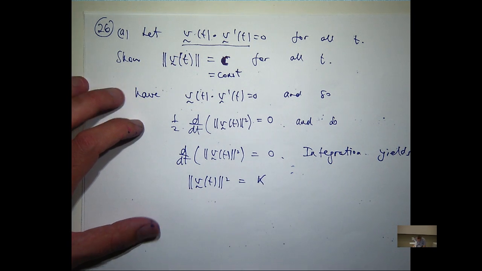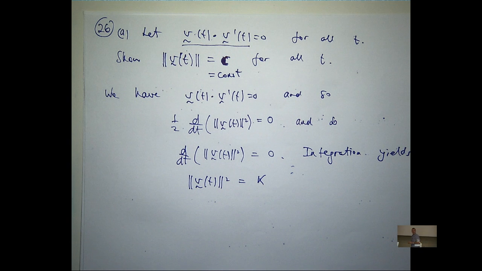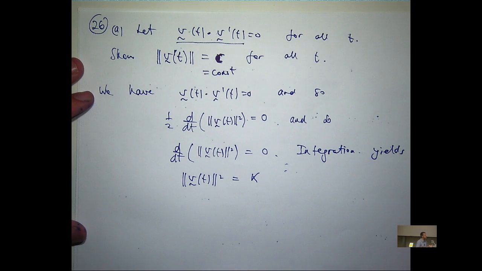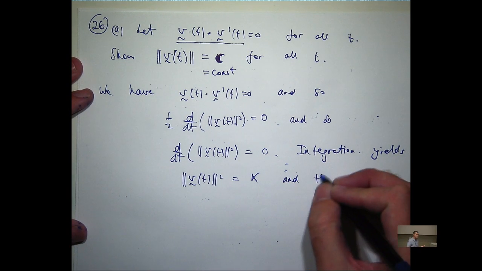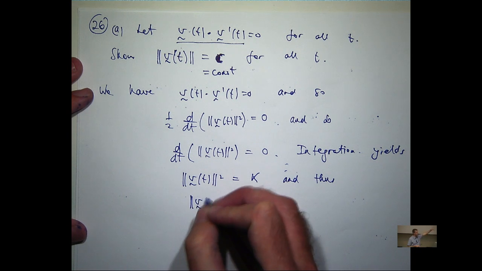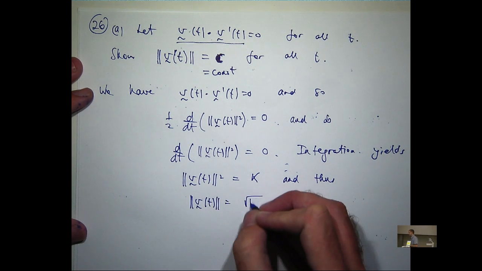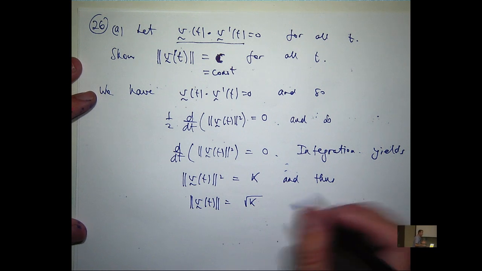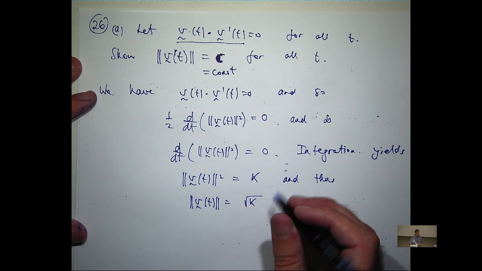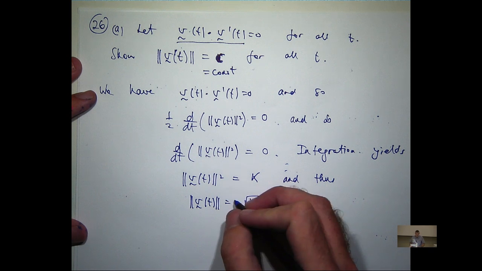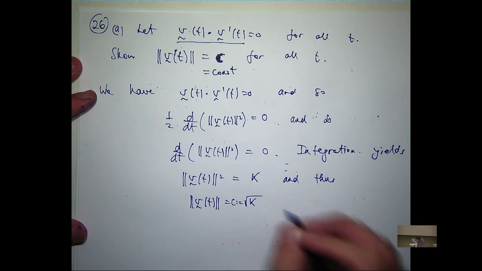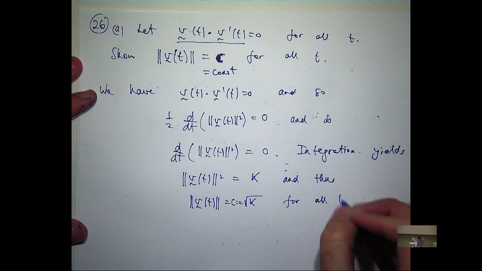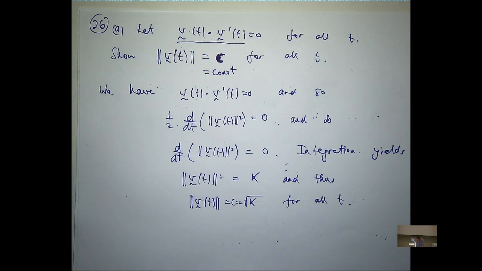Say some constant k. So if I want to just look at the speed, I'll just take the square root and define that to be a new constant. Root k, that's going to be my constant c.